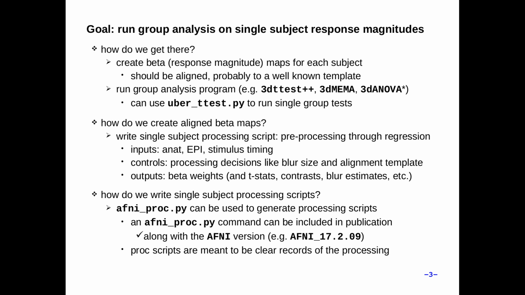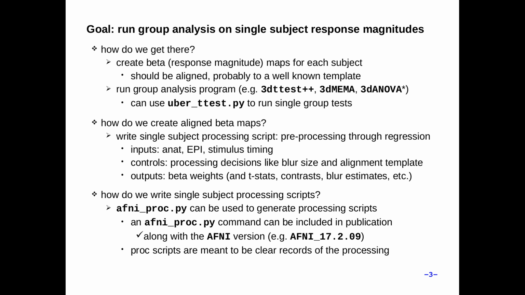A good example of something that doesn't work so well with that is the Talairach atlas, which does not have any template that's well aligned to it. There are some templates that we say are in Talairach space, but none of them are actually well aligned to the Talairach atlas.